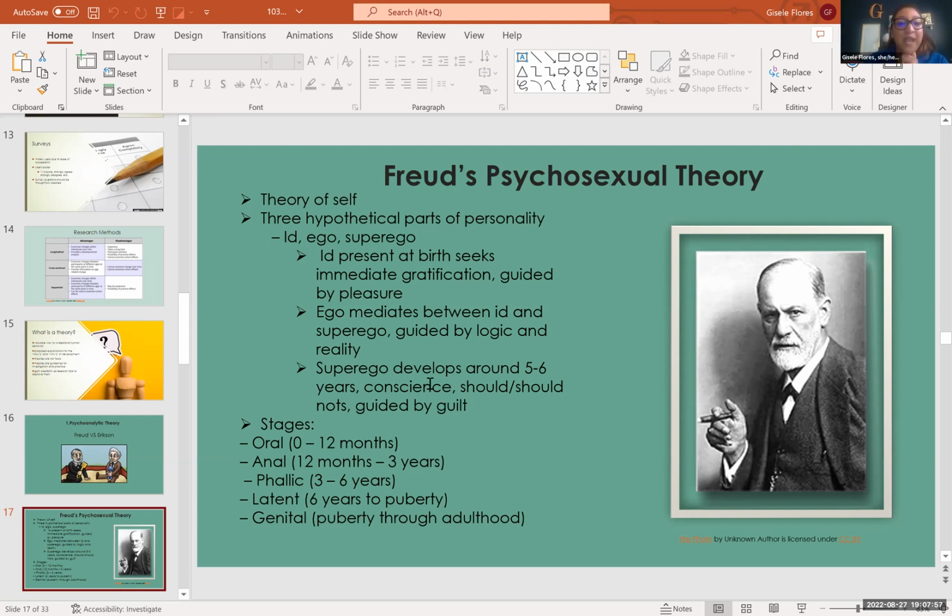And the ego is actually the part of the personality that mediates the id and the superego. So, for example, it's the reason why we as adults, well, most of us as adults, when we're hungry in a classroom or in the middle of the store, don't throw ourselves on the floor and throw a tantrum, because our superego says, that's not socially acceptable anymore.